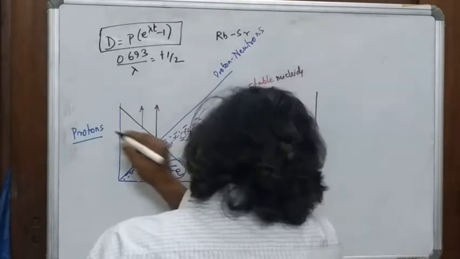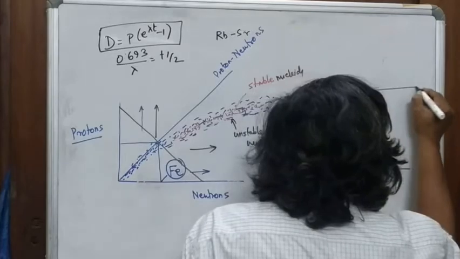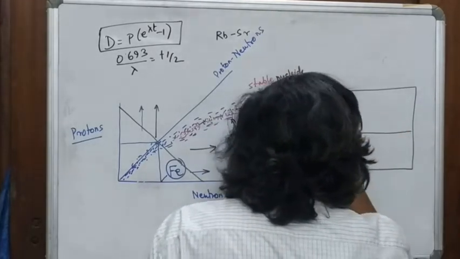I will draw it with the same axis. There is nothing conventional about it, just because I have drawn neutrons and protons in this way.